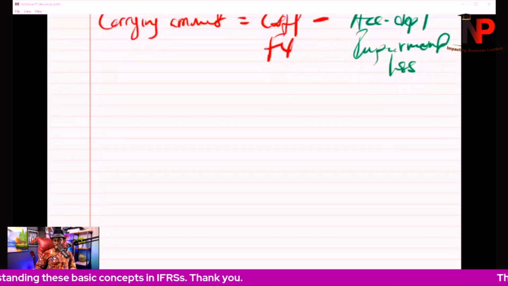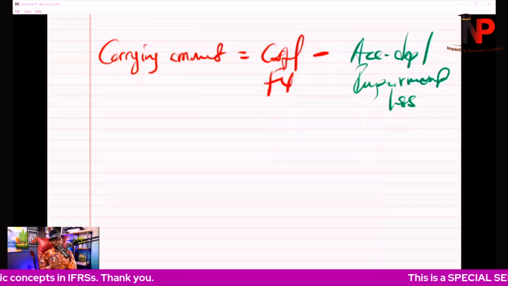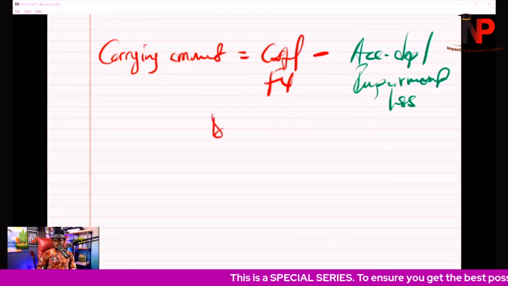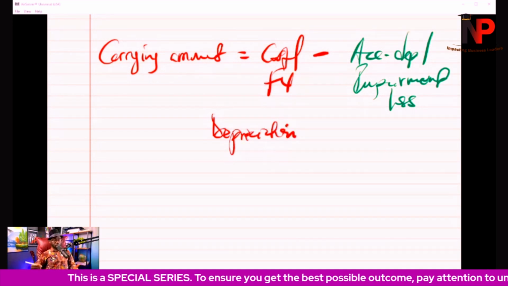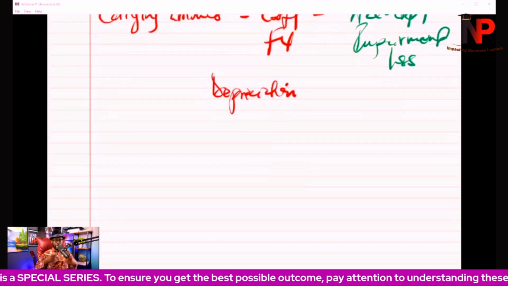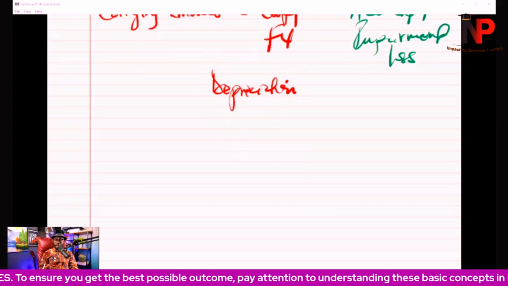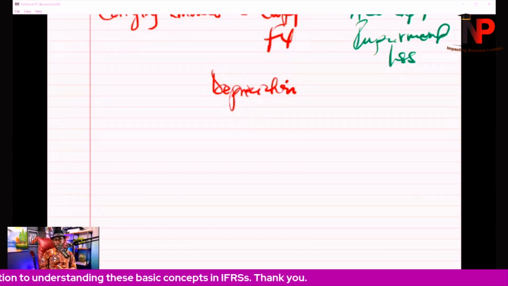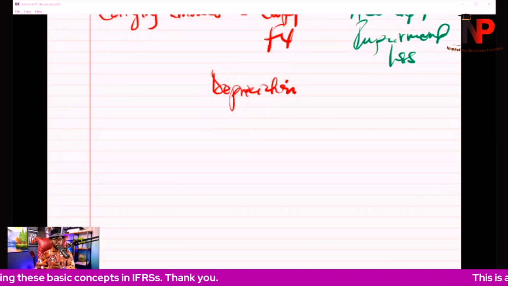Now, you will realize then that in arriving at the carrying amount, two things are coming in, and that is the issue about depreciation and impairment. Now, what is depreciation? In simple language, we say that depreciation is simply the allocation of the cost of an asset over its economic useful life.